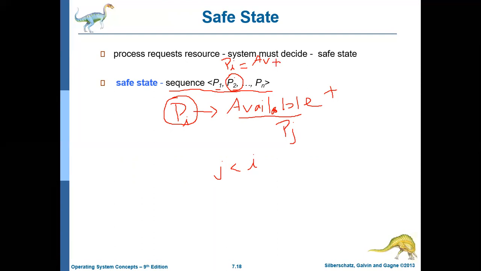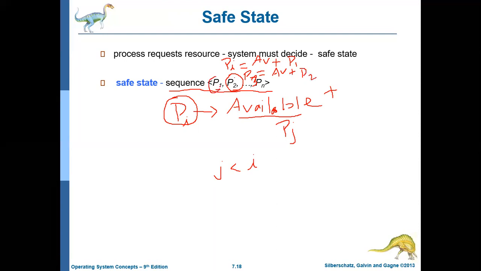So it means the resources held by P1. This is the case if i is 2. If i is 3, then whatever resources P3 is going to request will be satisfied by the available resources plus the resources that were held by P2. So this is the meaning.